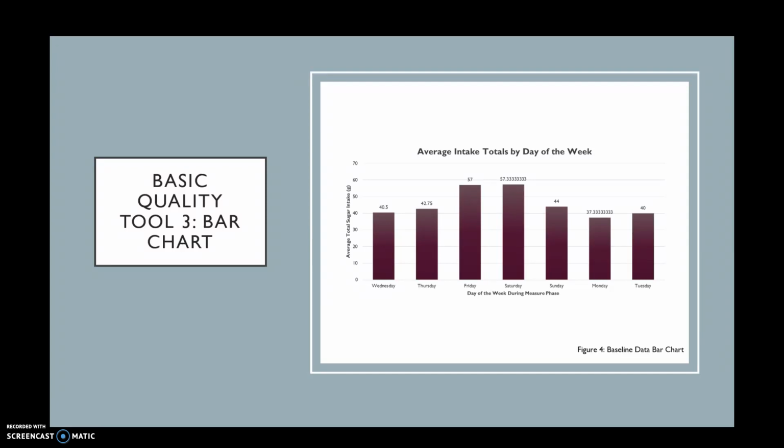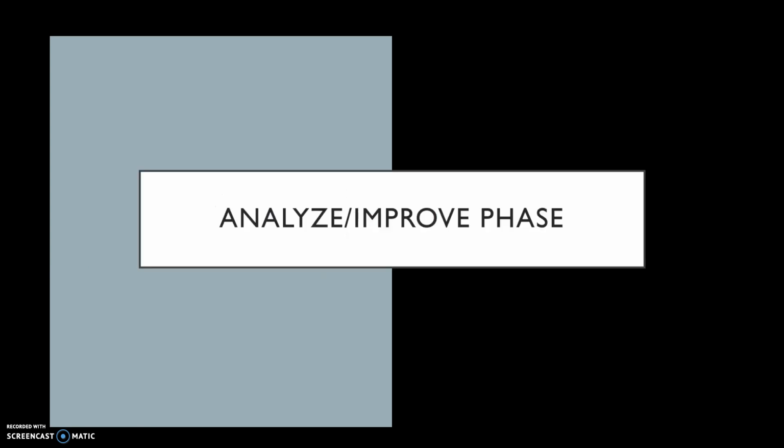As you can see, Fridays and Saturdays have more sugar on average than the other days of the week, meaning that I most likely am treating myself or getting a little bit lazier on the weekends where I'm eating more sugar, not really watching my diet as closely, so that was a good tool to use as well.